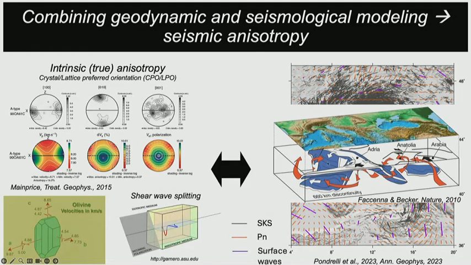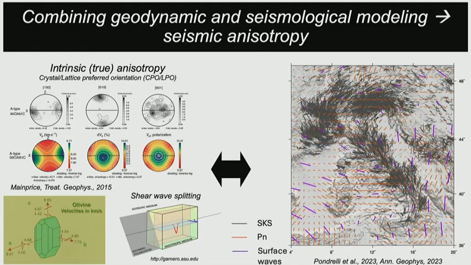For example, this is a paper by Claudio Faccenda and Thorsten Becker, where they tried to interpret the seismic anisotropy in terms of strongly three-dimensional flow. As you can see, especially for settings like the Mediterranean, the situation is quite complex, and so once again, the interpretation can be non-unique. The other point is that SKS waves carry path-integrated information, so it's difficult to say where the anisotropy is along the path.